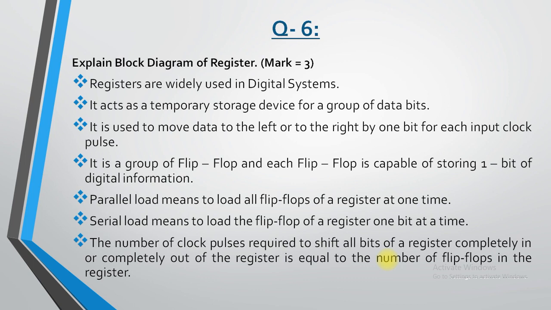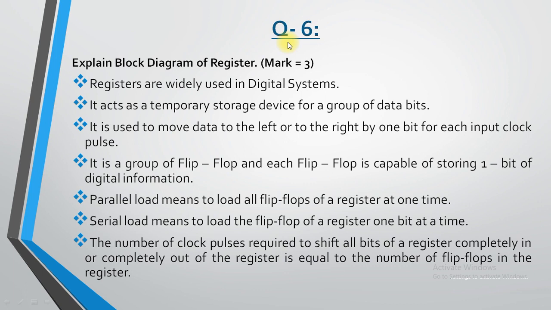It is used to move data to the left or to the right by 1 bit for each input clock pulse. That means data can be moved either from the left side or from the right side. It is a group of flip-flops and each flip-flop is capable of storing 1 bit of digital information.